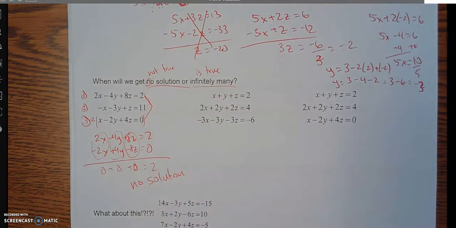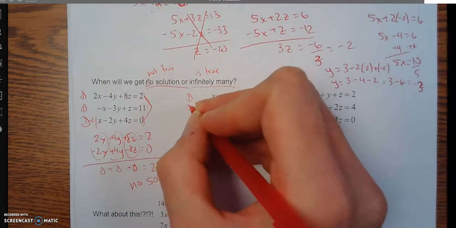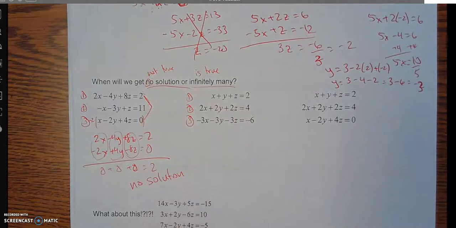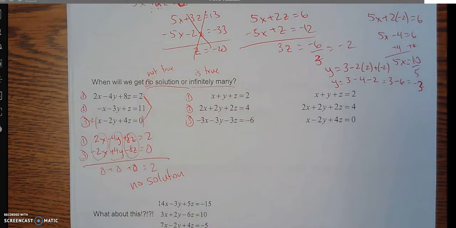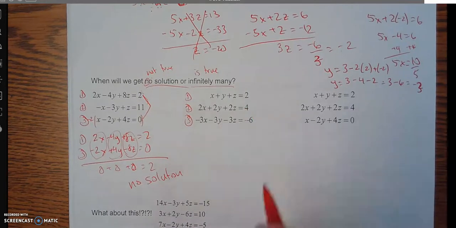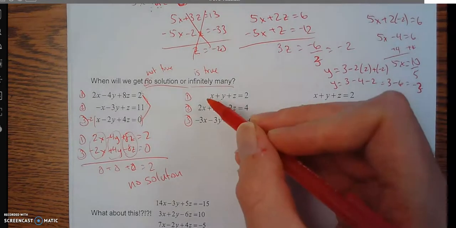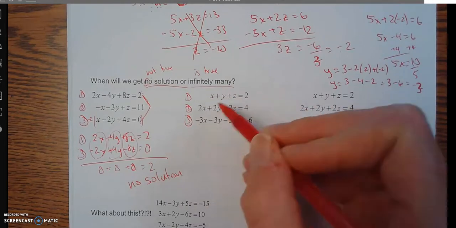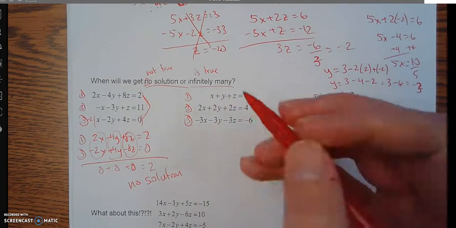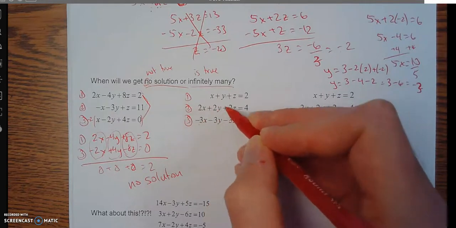Okay, same thing on this one. 1, 2, 3. I'll just number them. I should have written down that 1 and 3 is where it came from. Look for equations that have the same ratio. This one's a little bit more obvious. 1 to 2, 1 to 2, 1 to 2, or you can do 1, negative 3, 1, negative 3, 1, negative 3, 2 thirds, 2 thirds, 2 thirds.